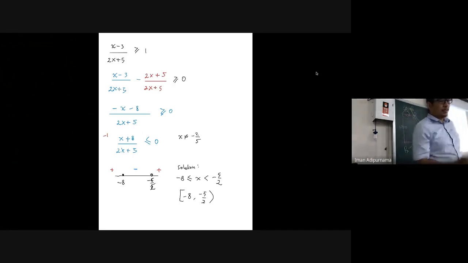But later in the bottom part, you need to try the sign. Try to assign a number from each interval. You can assign from here, here, here, and make sure you get the symbols: positive, negative, positive, and then make sure which interval you take for your equation.